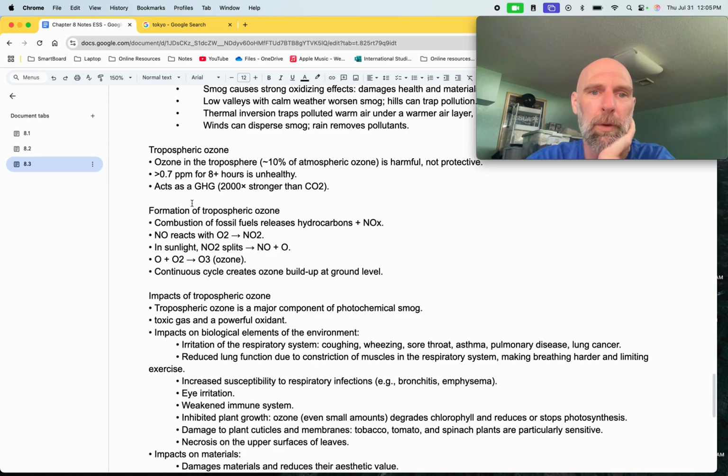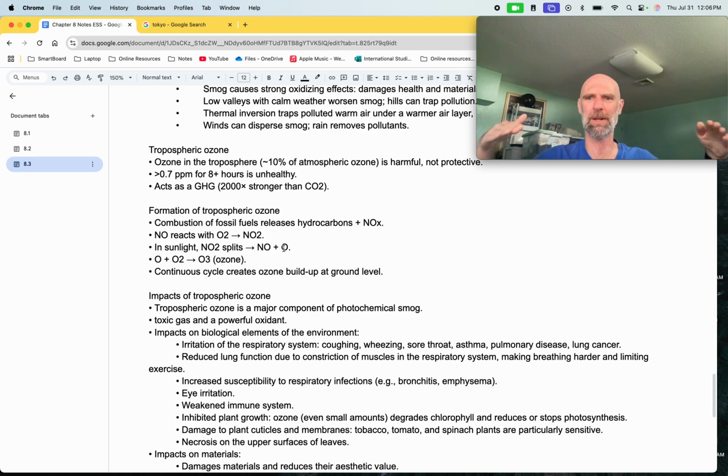So, formation of this bad ozone, the tropospheric ozone: combustion of fossil fuels releases hydrocarbons and nitric oxides. Nitric oxide reacts with oxygen, forms nitric dioxide. In sunlight, that nitric dioxide splits back into nitric oxide plus oxygen.